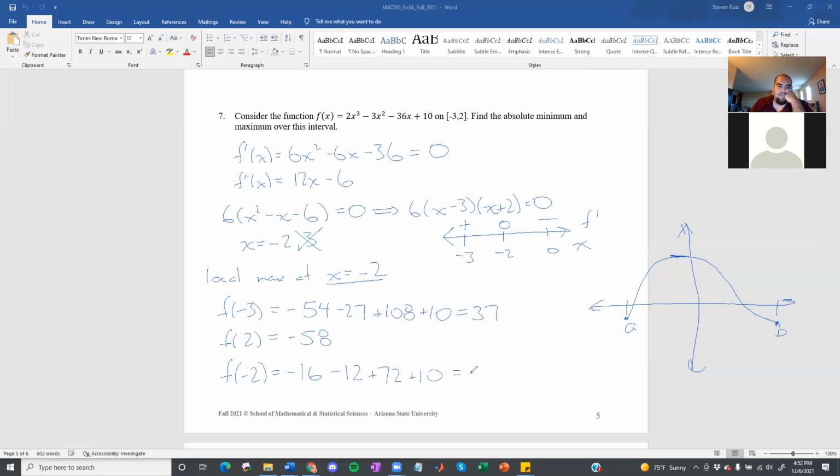So that's 54. So that is our absolute max within this interval. And what's the absolute min? It has to be 2.